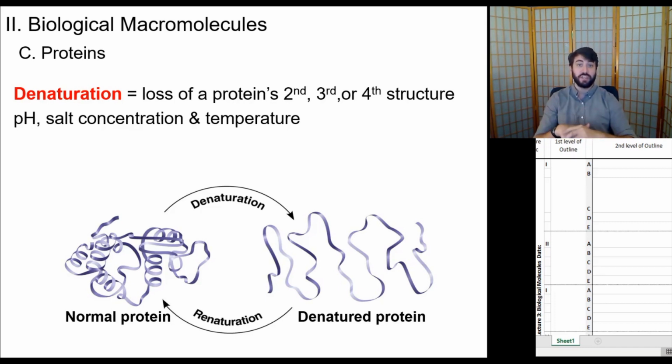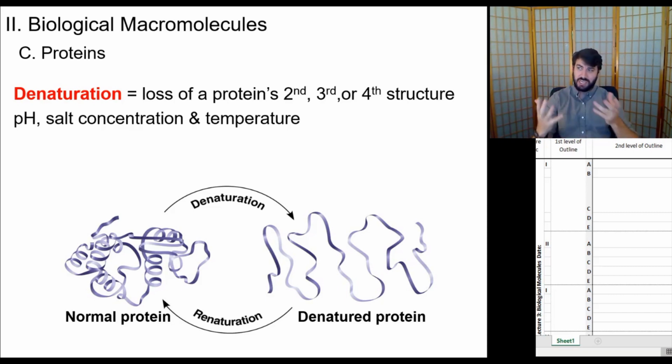Typically, a big change in pH or swings in salt concentration, or very likely huge increases in temperature will cause these bonds to break. Typically, you see the third and fourth level structures break before the secondary structures. But hypothetically, if you got things hot enough, you could actually break the primary structures of proteins as well, but they'd have to be pretty darn hot.